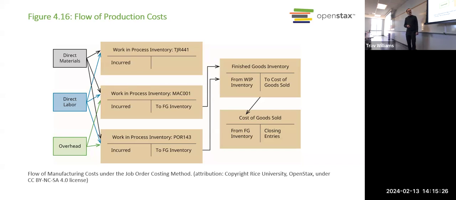So that is the process. Again, you see the raw materials go into work in process inventory along with the labor and the overhead. Out of work in process inventory, they go to finished goods inventory. When the item is sold, it goes to cost of goods sold and then gets closed out at the end of the year.